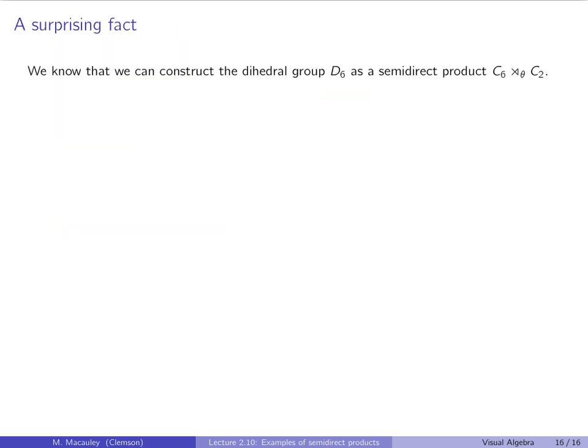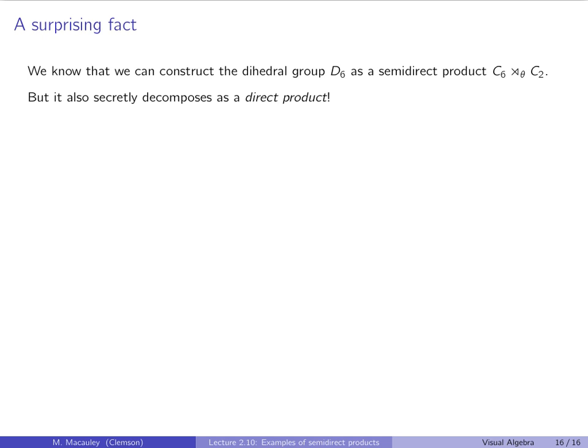Okay, one last comment. We know that we can construct the dihedral group D6 as a semidirect product of C6 and C2. We actually don't need the subscript because there's only one non-trivial one. But it also secretly decomposes as a direct product. You may remember in the previous lecture, I put up a picture of 3 groups and I said 2 of these decompose secretly as direct products, and it's not the 2 that you think.